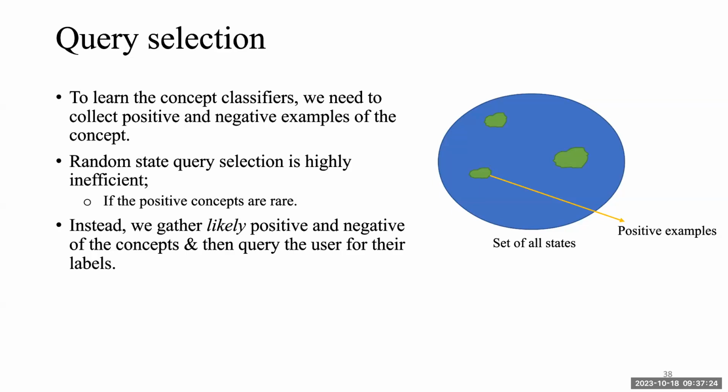So if you went with random sampling, you would require a lot of samples before enough positive examples have been collected to train your classifier. This could be very inefficient. Instead, what we are advocating is that we should gather likely positive and negative examples of the concepts using some heuristics, and then query the user for their actual label.